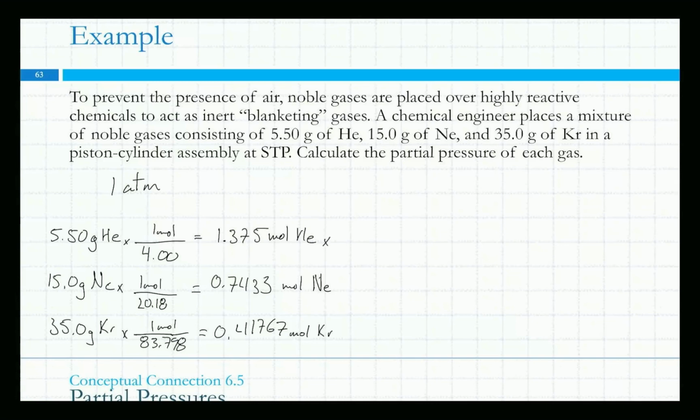So this might be the only way to do it. Okay, so the total moles is 2.536. Multiplying by 1 over 2.536 is the same as dividing by 2.536.